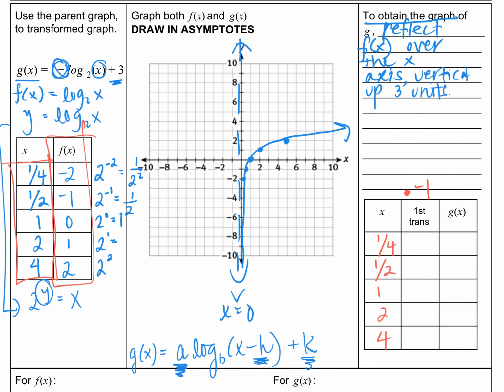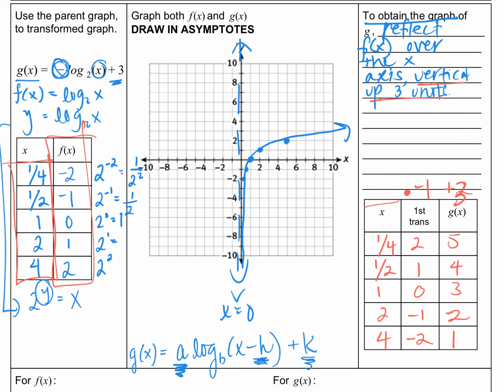So they become 2, 1, 0, -1, and -2. And then if it's vertically up 3 units, then the next thing we're going to do is add 3 to it. So 2 plus 3 is 5. 1 plus 3 is 4. 3, 2, and 1.